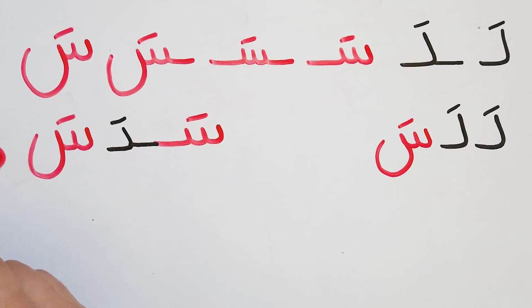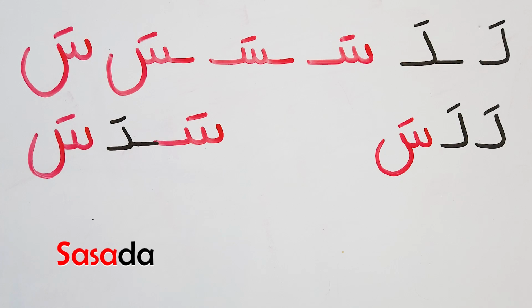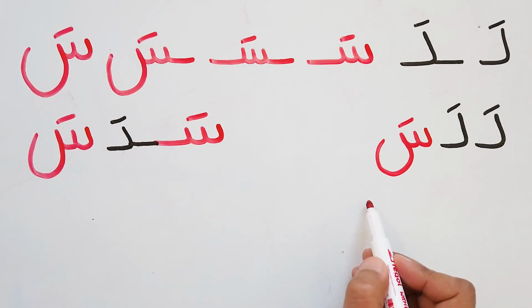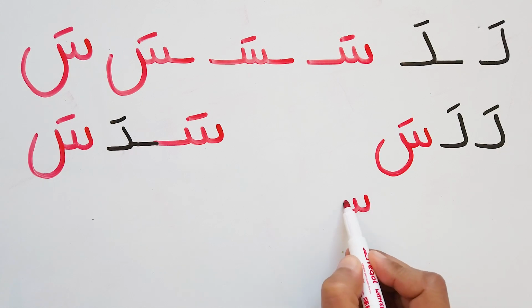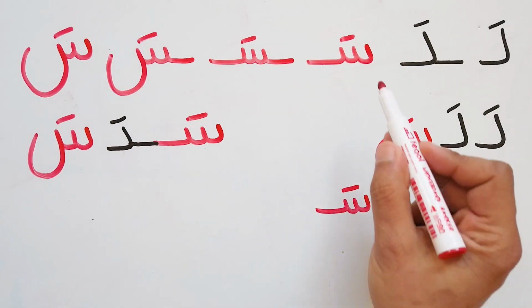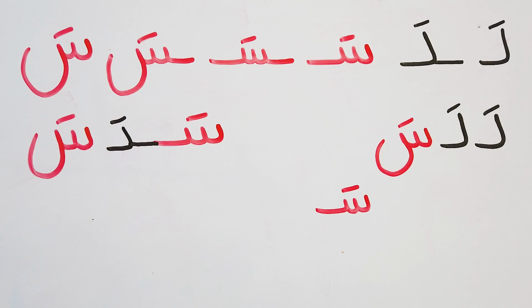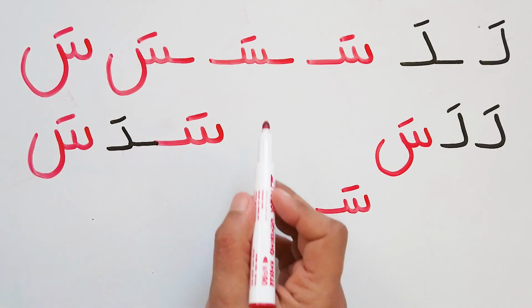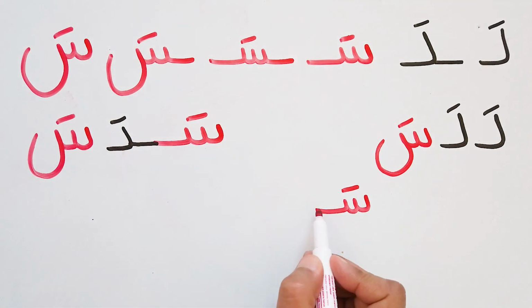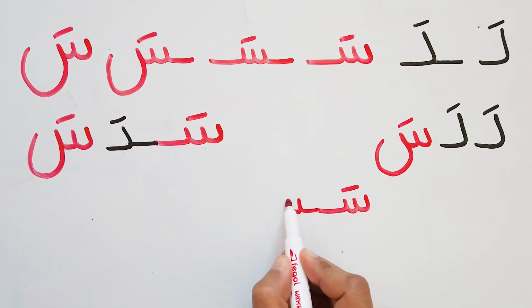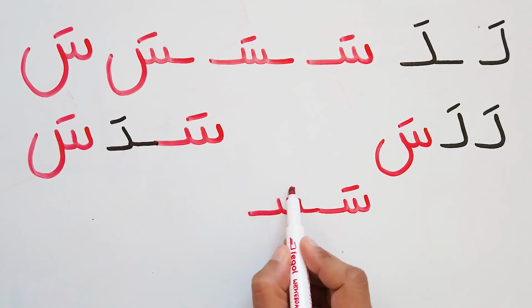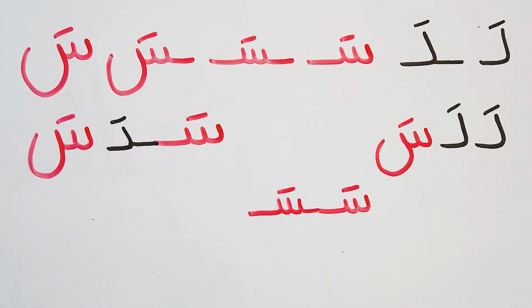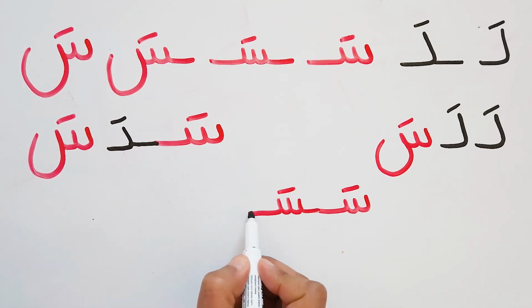Let's write another word, which is se, de. I will start with se. So now I will select this one in the middle. Se. De.